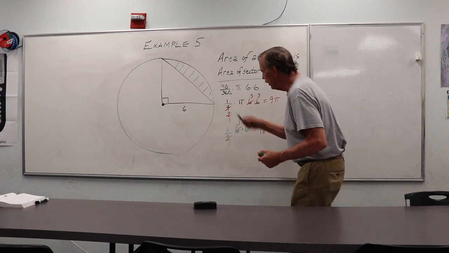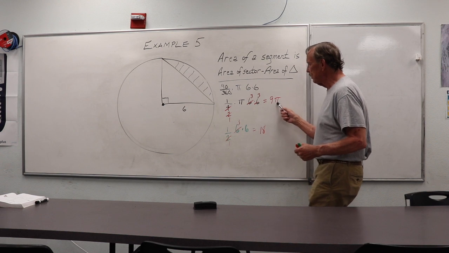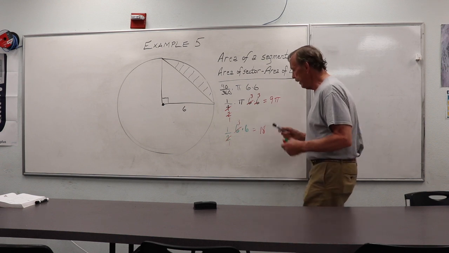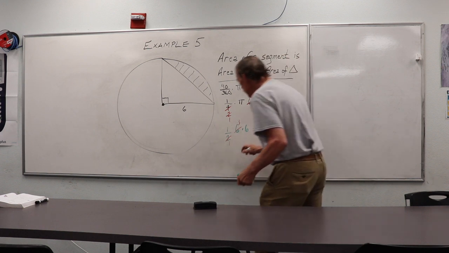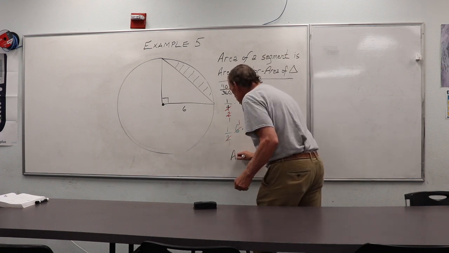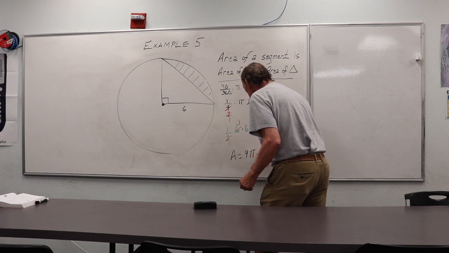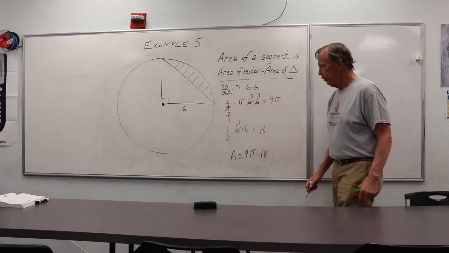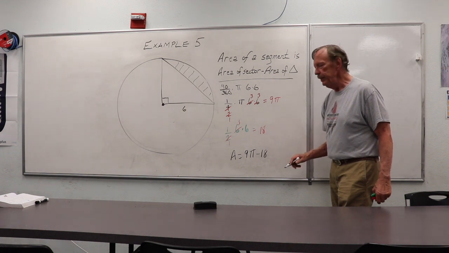So the segment is going to be the difference between 9 pi and 18. Nine pi minus 18.